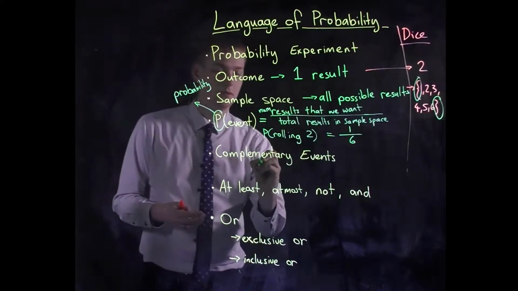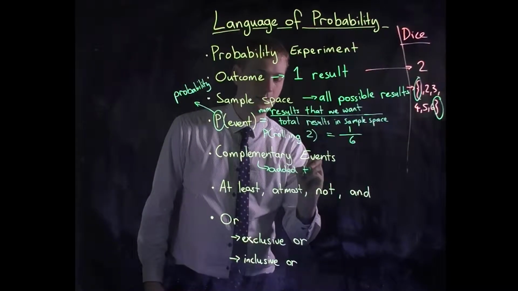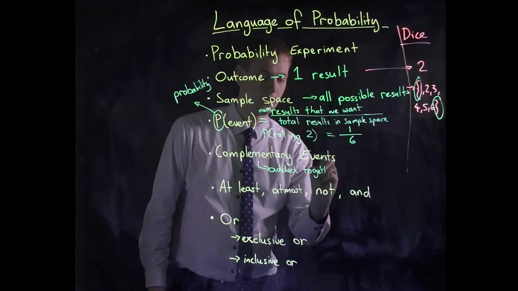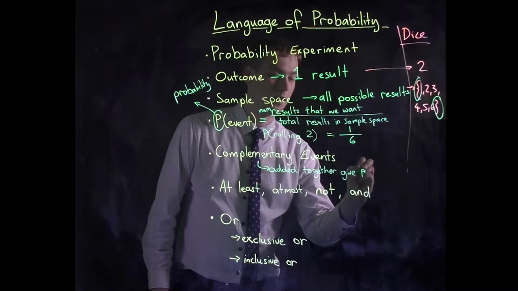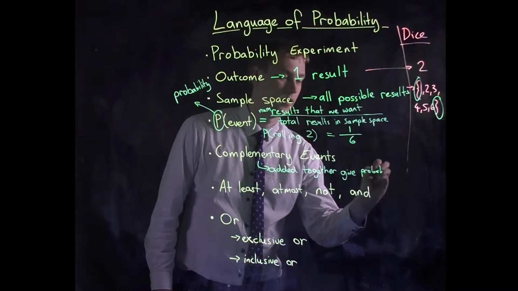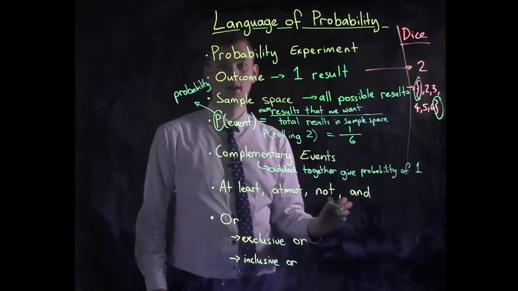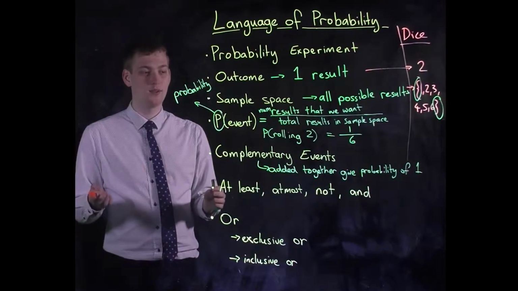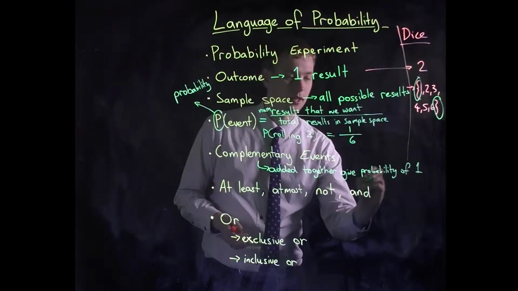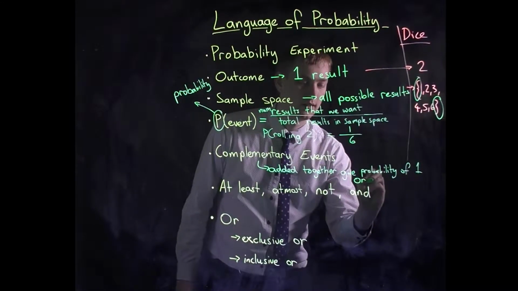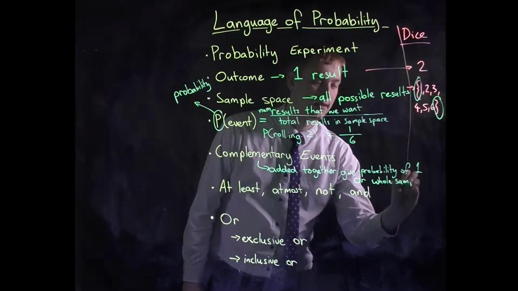When we add them together, they give a probability of 1. Or another way of saying it, which might be more helpful, is when we add them together we get the whole sample space.